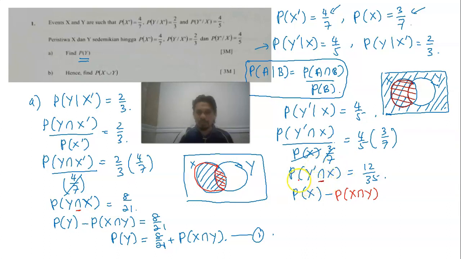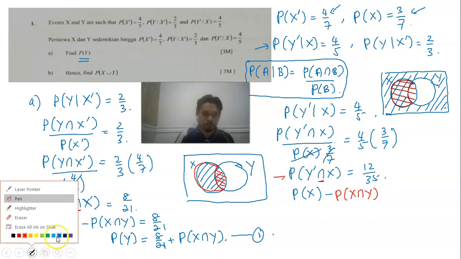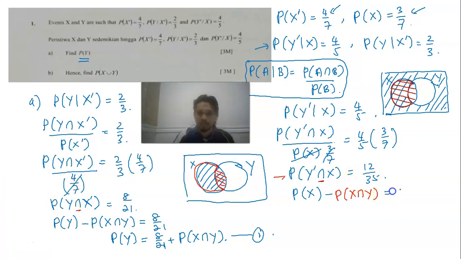So we can change this term, probability of y complement intersect with x, into probability of x minus probability of x intersect y, equal to 12 over 35. Okay.